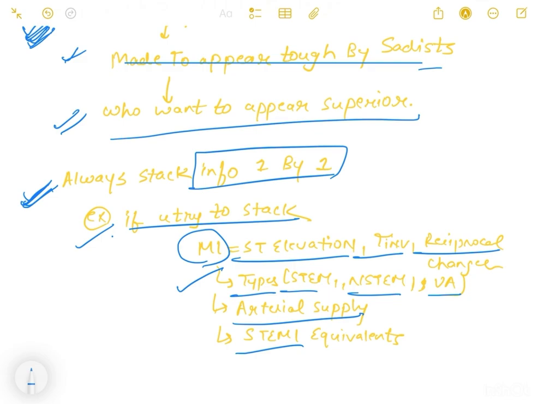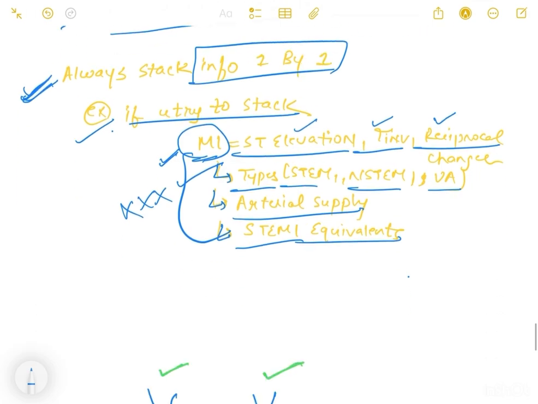If you try to stack a lot of data, for example, if in this video I told you the MI types, ST elevation, T inversion, reciprocal changes, what the types are, STEMI, NSTEMI, unstable angina, then what is the arterial supply, then what is STEMI equivalence, you would have gotten confused. So this is not the right approach. First of all, you have to learn the basics, then you should move forward.